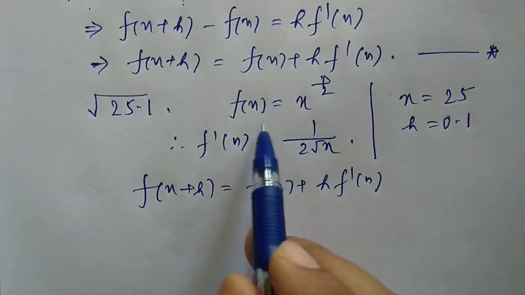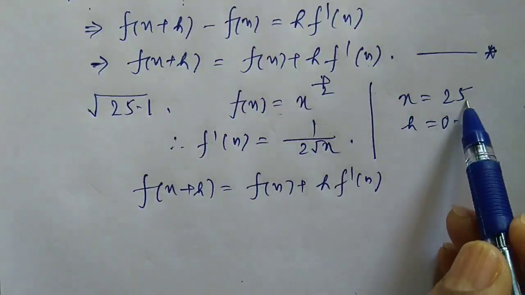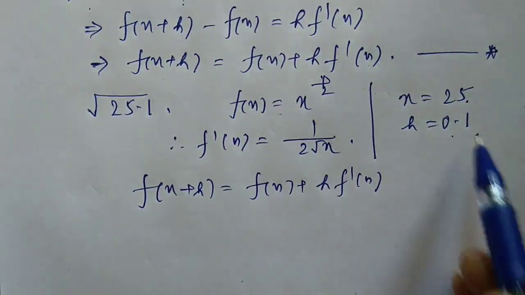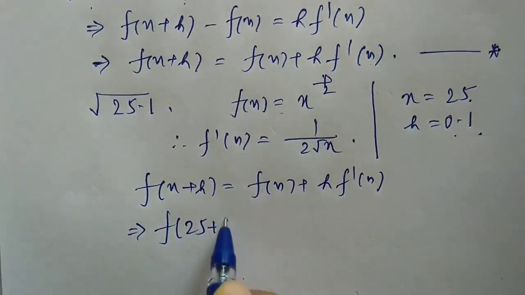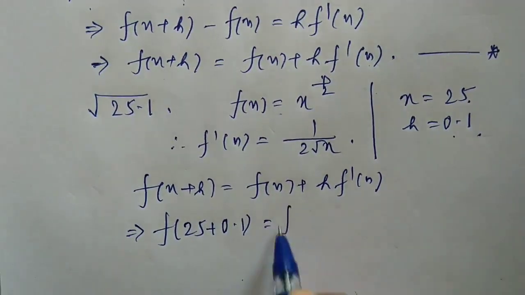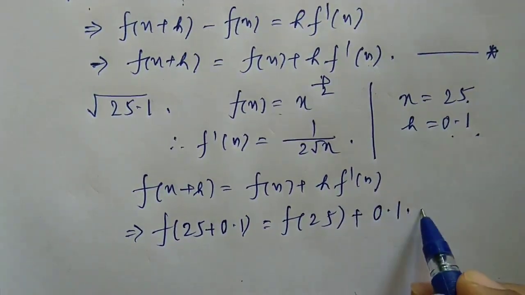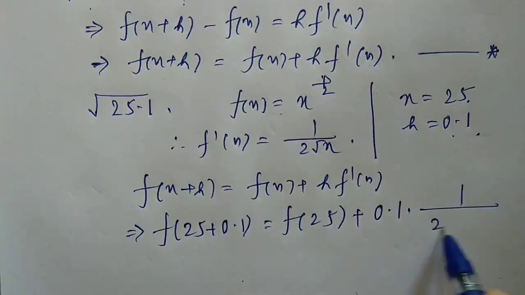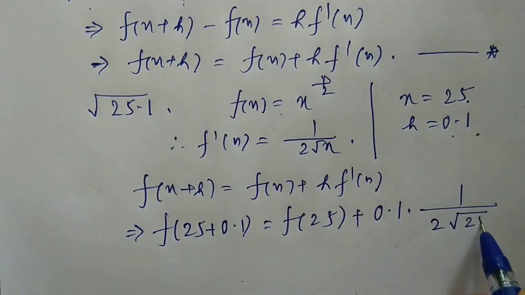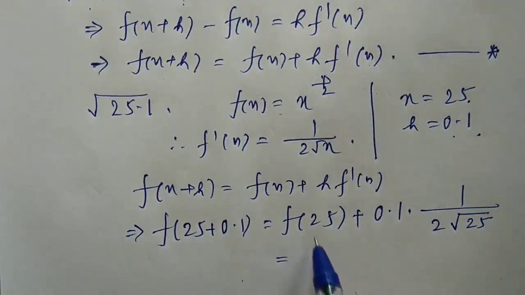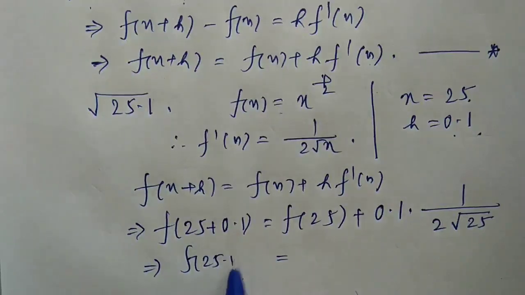Now as we have defined f(x) equal to x to the power half and x equal to 25, h equal to 0.1, so if I write this one, f(25 plus 0.1), that is f(25) plus h, and what is f dash x? 1 by 2 root over x. What is the value of x here? 25. So we have written here f of 25.1.